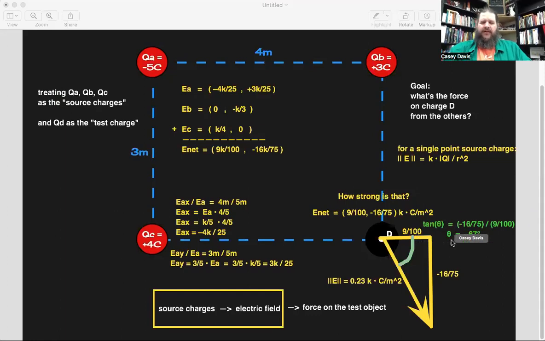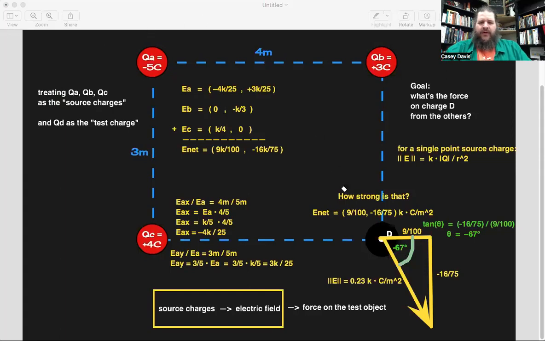So that is, in other words, 67 degrees below the axis. So we now have magnitude and direction. We know that the magnitude of the electric field is 0.23 K coulombs per meter squared in a direction of 67 degrees below the axis.